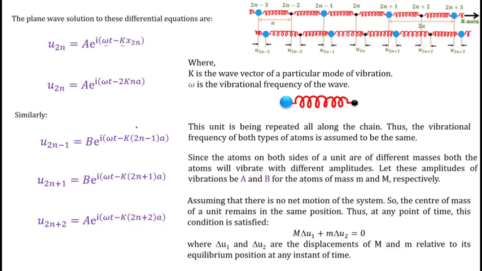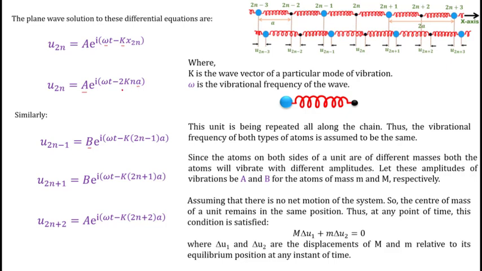In the present scenario, these two terms are related to parameters like small a, which is a structural parameter, that is the distance between the two atoms, capital A, that is the amplitude of vibration of these black atoms, and capital B, which is the amplitude of vibration of the blue balls.